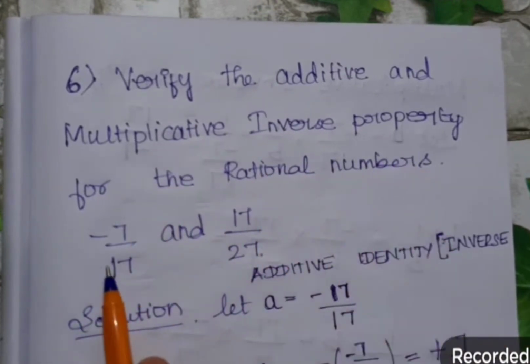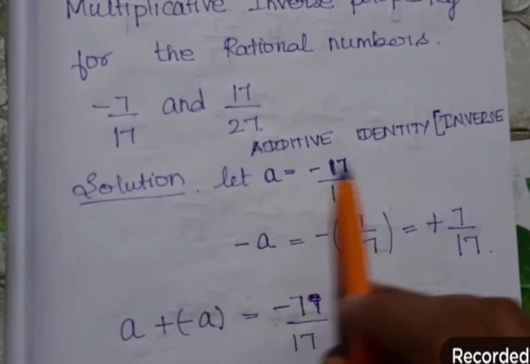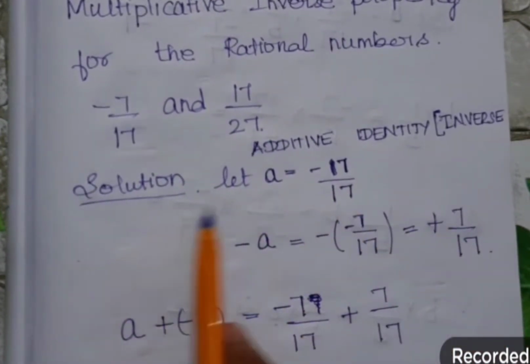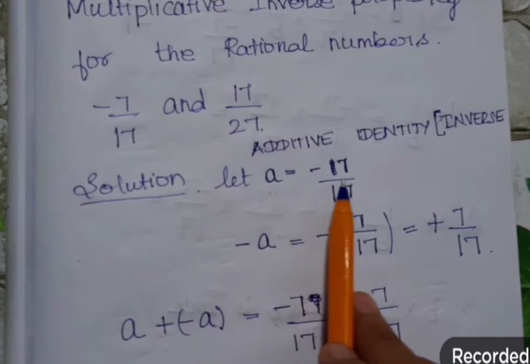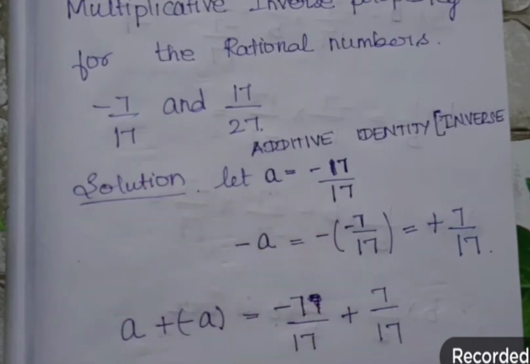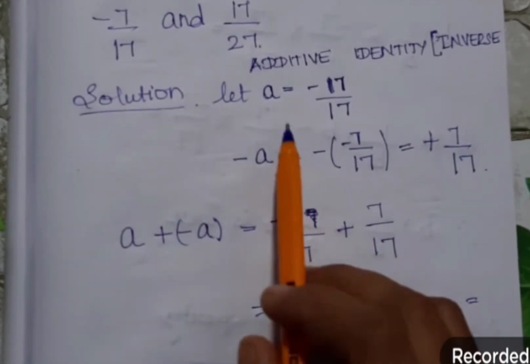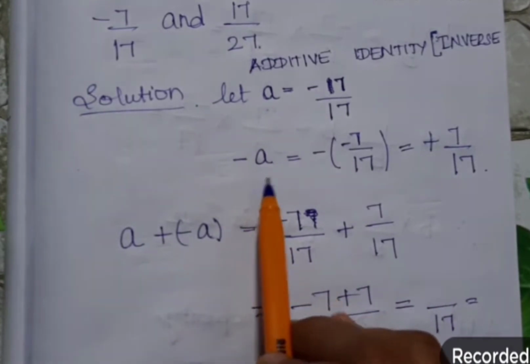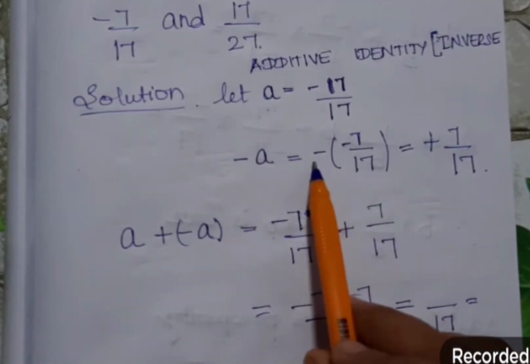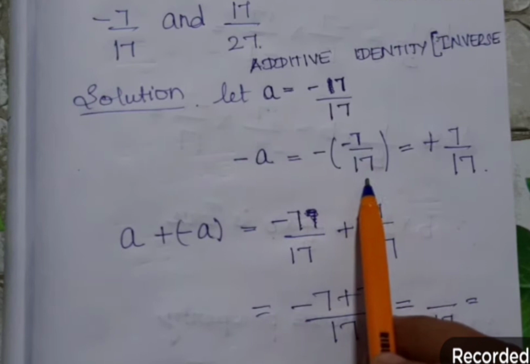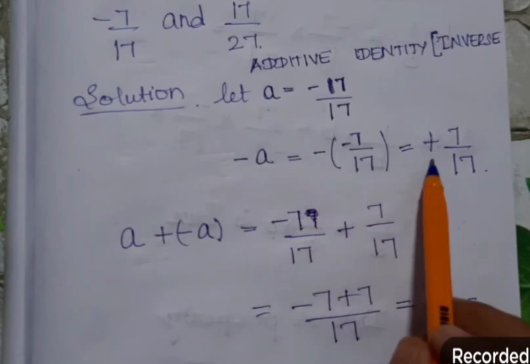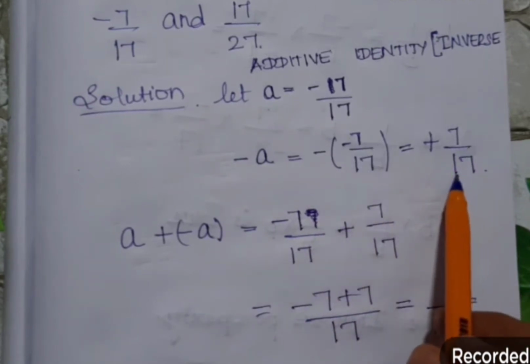Verify the additive and multiplicative inverse properties for the rational numbers given there. First we have to find the additive inverse. A value is minus 7 by 17. For minus a, just multiply a with a minus sign: minus into minus 7 by 17, minus into minus becomes plus 7 by 17.